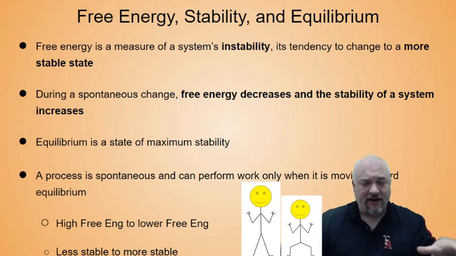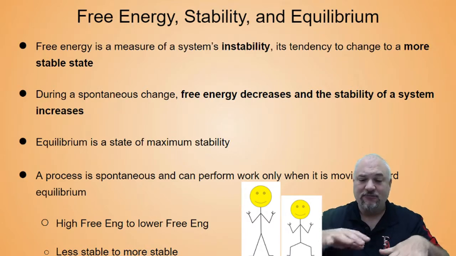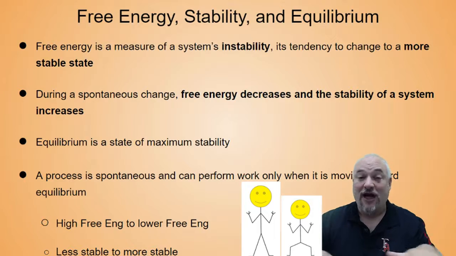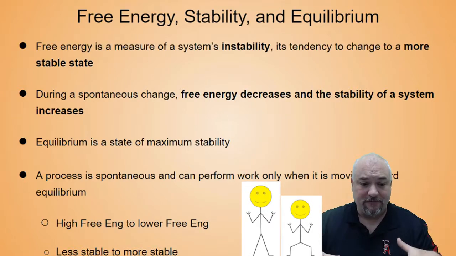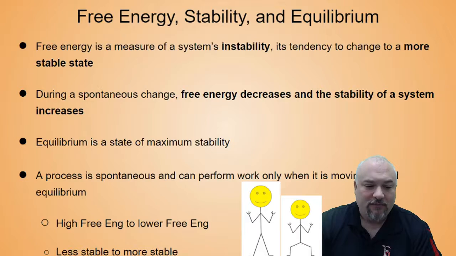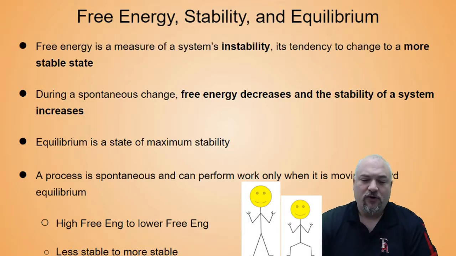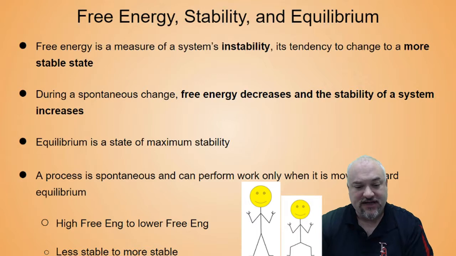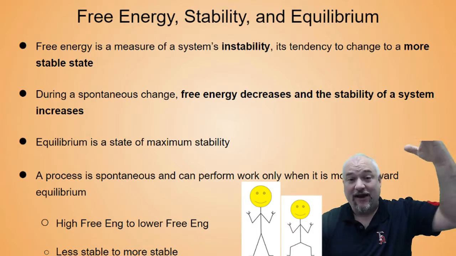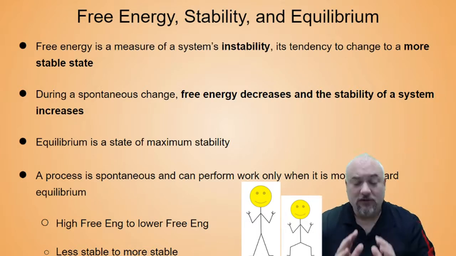Things are evenly spread out everywhere in diffusion, right? We're not going to see any more change. That is as entropic as it can get, so it's going to stay relatively spread out. So a spontaneous process can perform work only when it is moving towards equilibrium, or moving from higher to lower energy states, or from less stable, higher, to more stable, a lower stance.